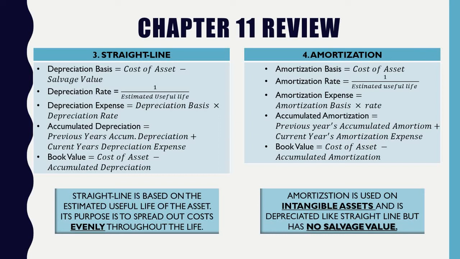We talked about amortization, which is when you depreciate intangible assets. It follows the same exact rules as straight line. Only difference is you don't have a salvage value. That's the only difference. And there's the formulas there.